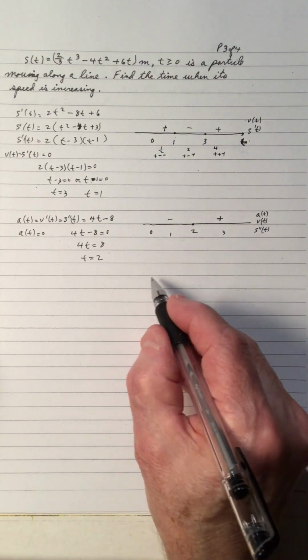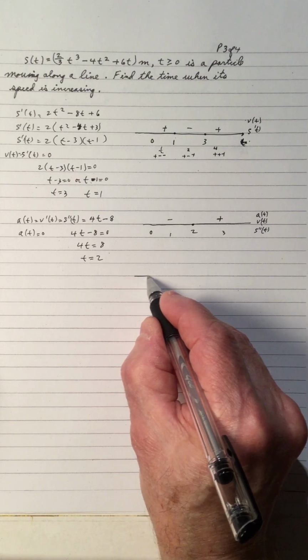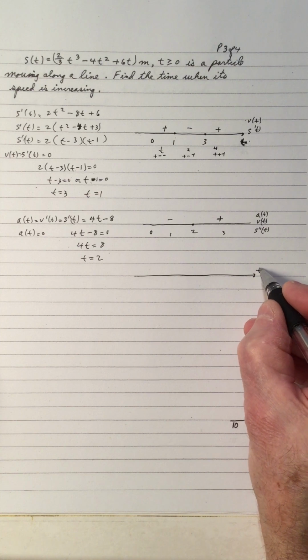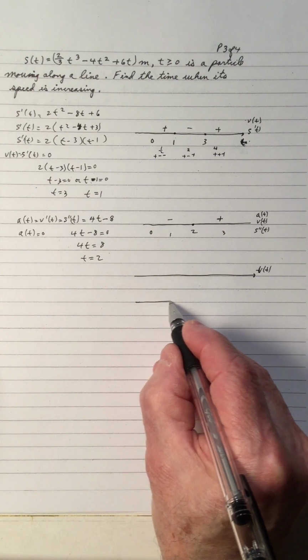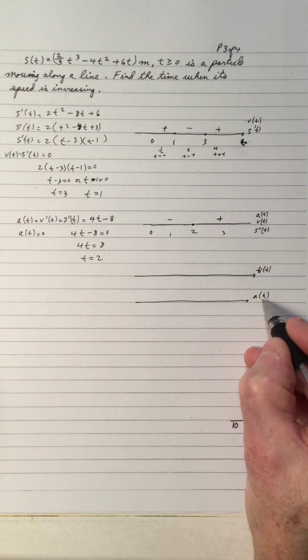Now if we take the two of these and put them together, this is the v of t, and let's put the acceleration right here.